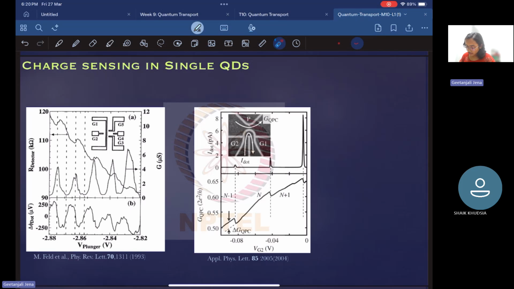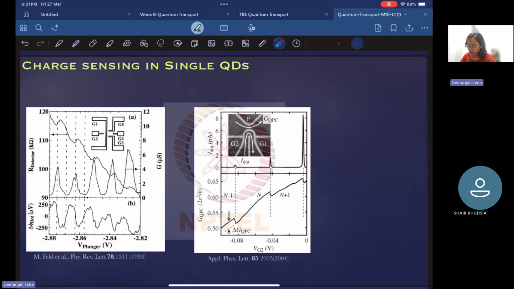And the second plot is the conductance through this QPC region. When we increase the gate voltage in the negative direction, you can see the Coulomb blockade oscillation peak gradually becomes not detectable here, but it is detectable here, and highly detectable here.